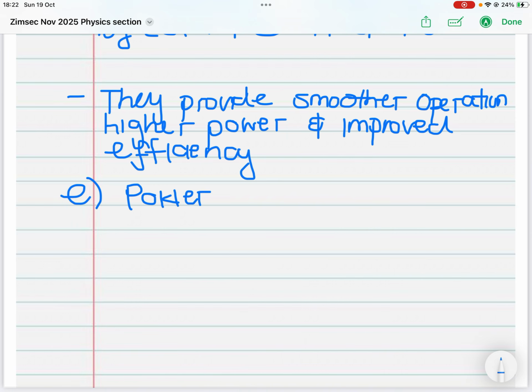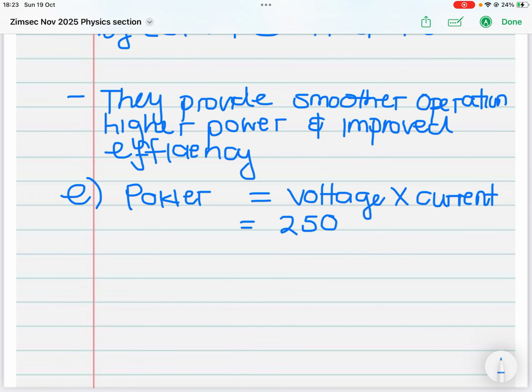So we say power is equal to voltage times current, right? So the voltage we are given is 250 volts. So we say 250 volts times the current, which is 13 amperes.